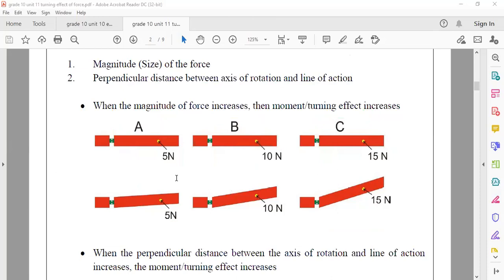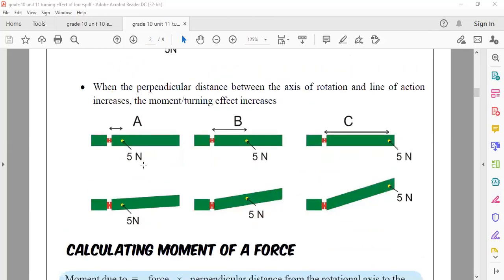Now when you come to the second one, look at A. What is the magnitude of the force in diagram A? 5 Newton. B? 5 Newton. Now I have already marked those things.